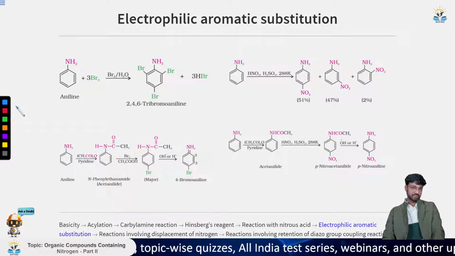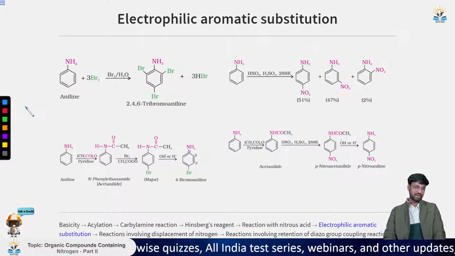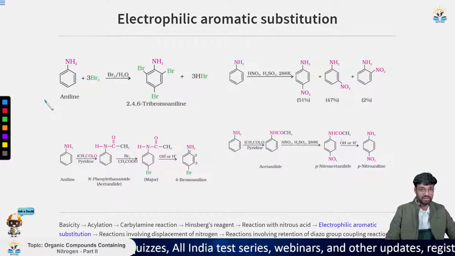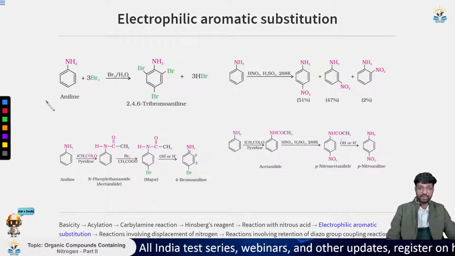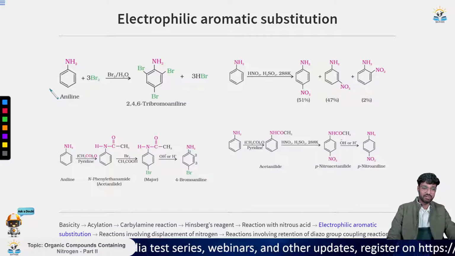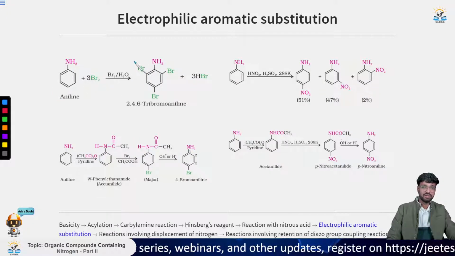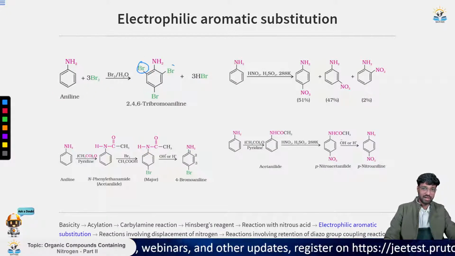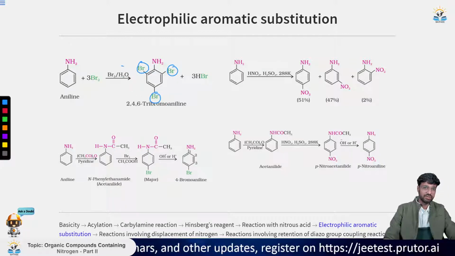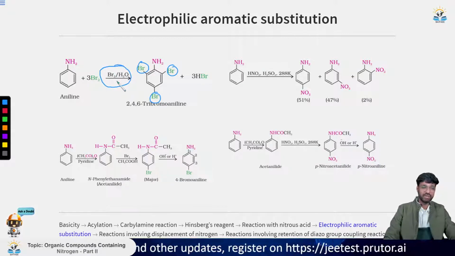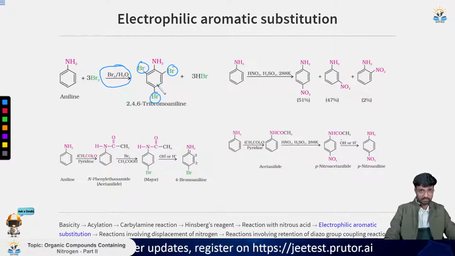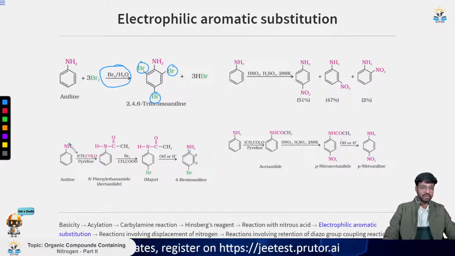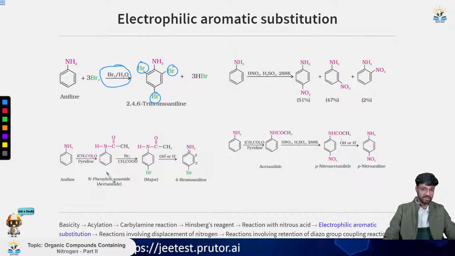Next, let us have a look at electrophilic aromatic substitution of aniline. Like phenol, it is also giving a tri-substituted ring. So three bromines are present on this ring if we just bring it in contact with Br2 and H2O. Now how we can reduce it is that we can substitute this group with an acetyl group initially.